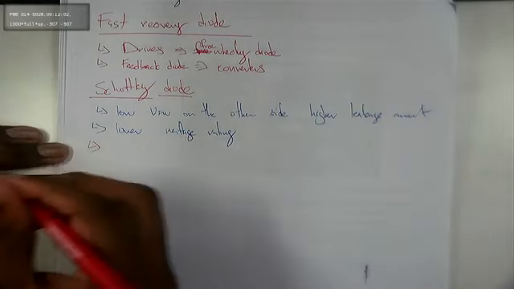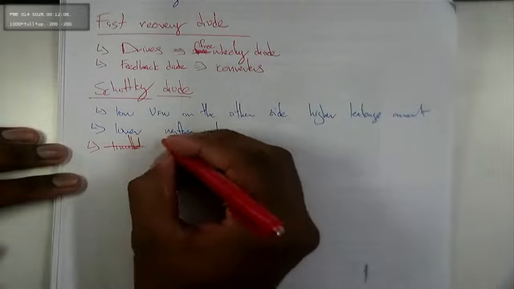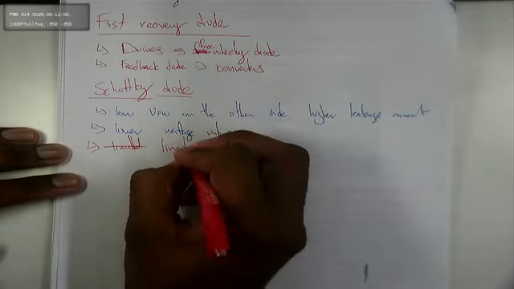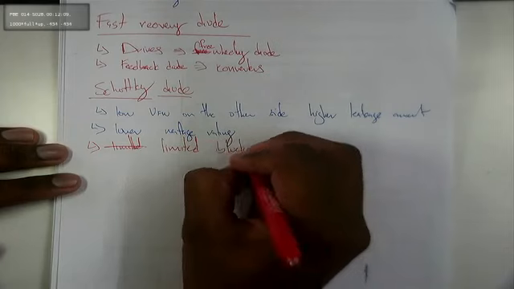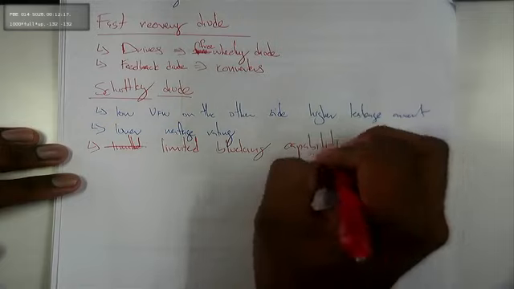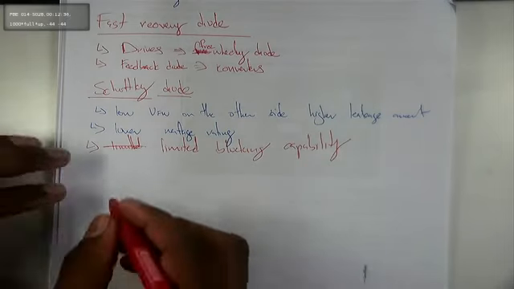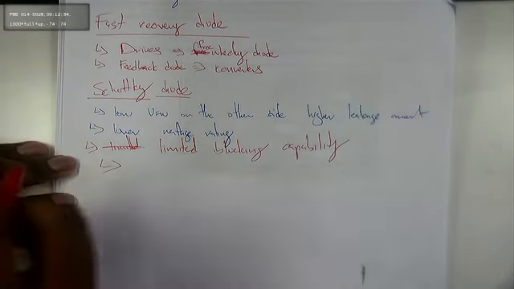Another important point, it has limited blocking capability. Schottky diodes are normally used for power supply applications such as rectifiers. So the application for Schottky diodes is rectifiers.